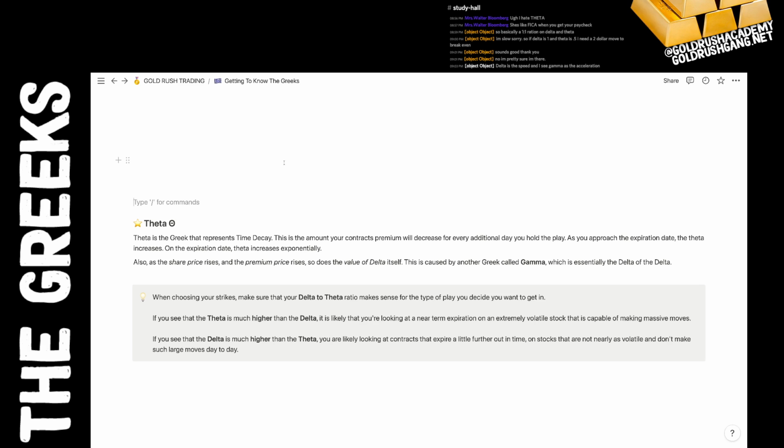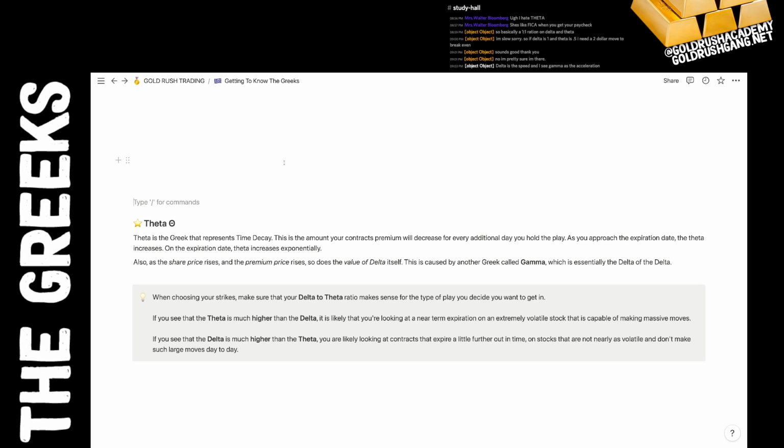So 20 cents on your delta, 5 times. A $5 move will give you back $1 worth of profit on your contract, which you'll pay as a toll to theta. So you need something that you have no doubt in your mind can make a $5 move overnight, for example.